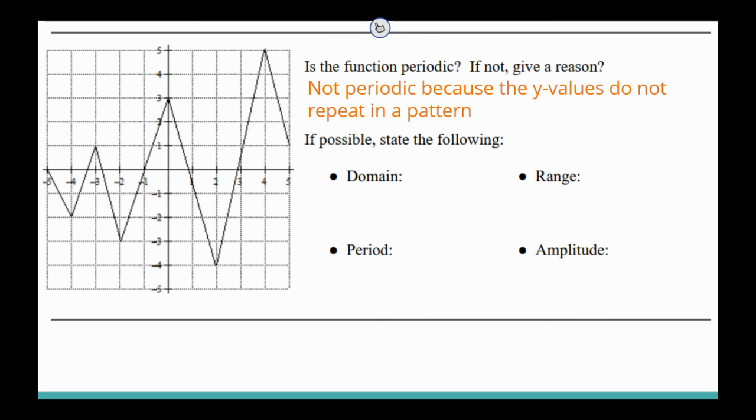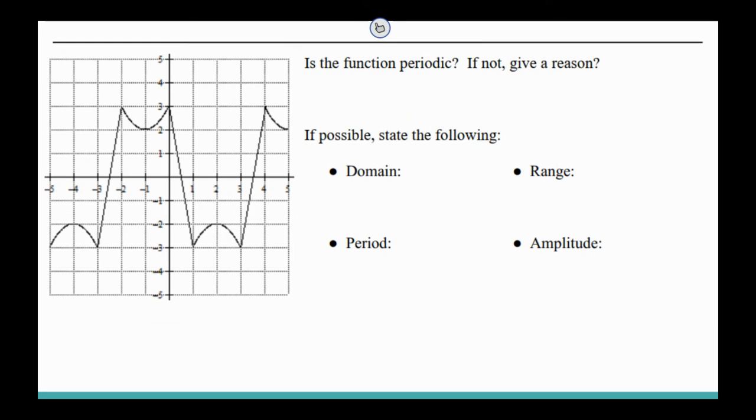Okay, that last one on the page I'm going to let you do without me. If you haven't already, go ahead. Okay, so is this periodic? Yes or no? You can just nod your head, that way you don't have to talk.